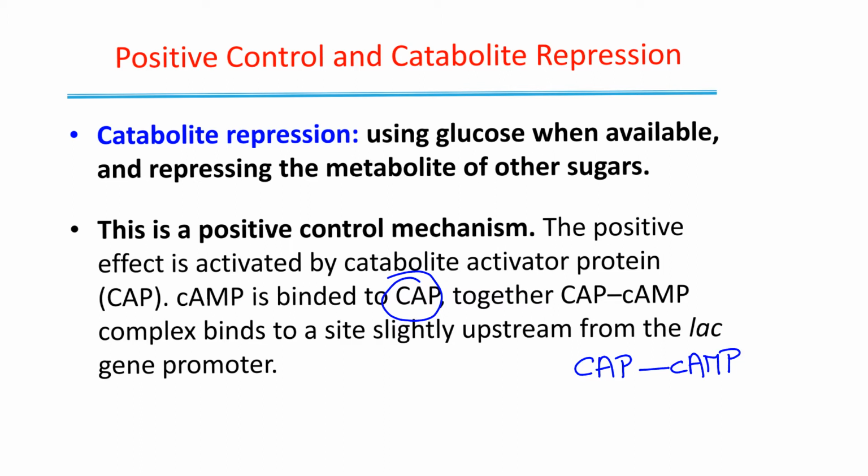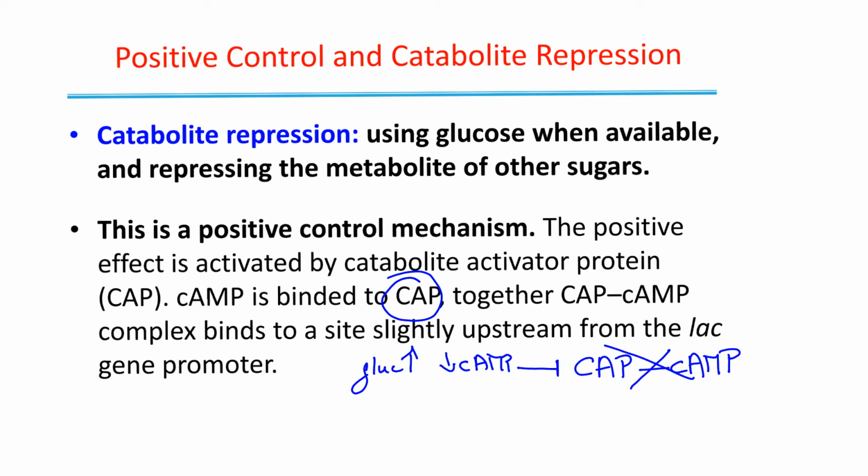Now, cyclic AMP levels are inversely correlated to glucose level. So if glucose is high, cyclic AMP is low, and there is no formation of the CAP-cAMP complex, so there is no CAP binding to promoters, including the lac promoter.